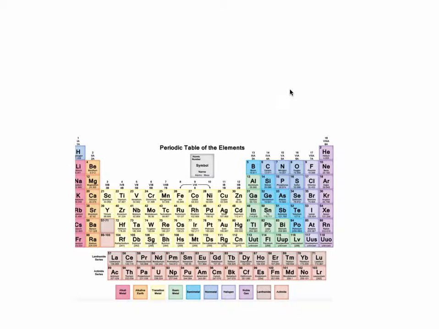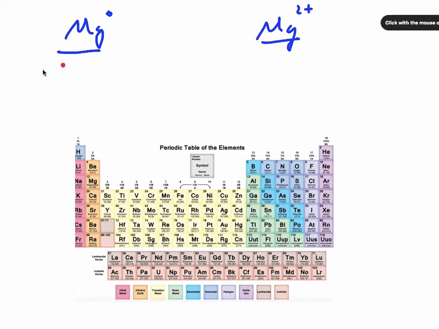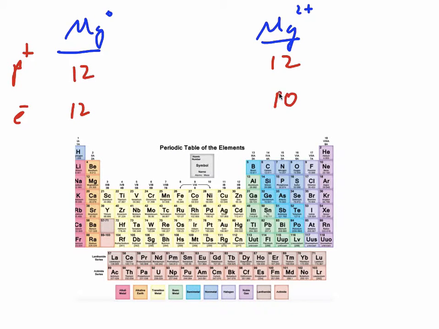Let's look at another situation. Let's look at that magnesium situation. You have magnesium 0, magnesium 2+, P+, E negative. Magnesium is going to have 12 protons in both forms. That's what makes it magnesium. Here it's going to have 12 electrons, and here it's going to have 10 electrons. So in which cases does it have to work harder? Well, in this case, it's got to work harder here.